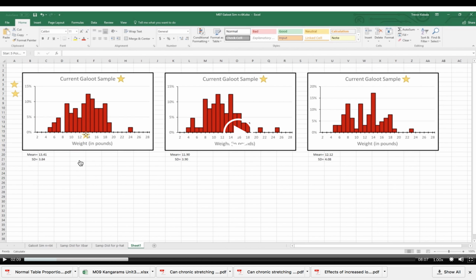So as we can see, even though we found a 14% chance that a galoot would weigh more than 11 pounds, that is completely inaccurate because the galoots seem to have an average weight that's more than even that 11 pounds. So we would expect the probability to be much higher, as we can see a much greater amount of the sample than 14% falls above 11 pounds.